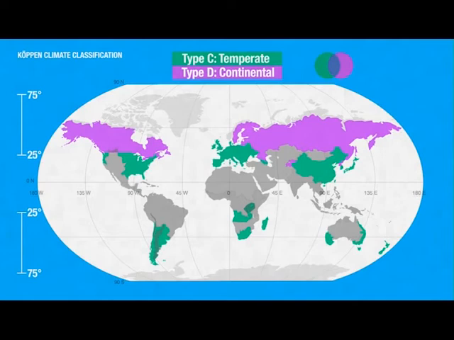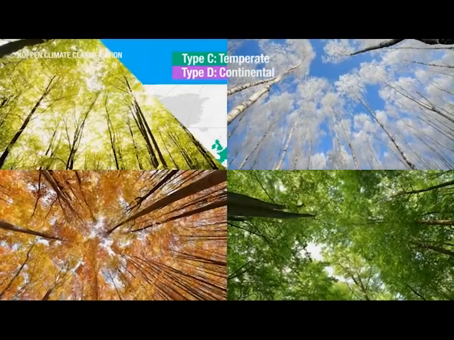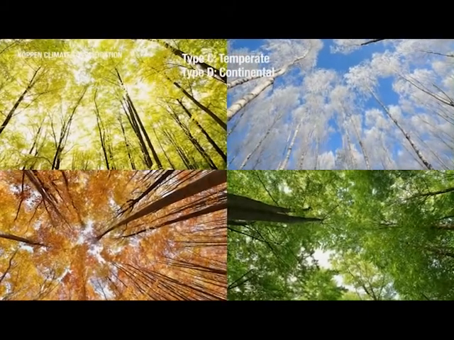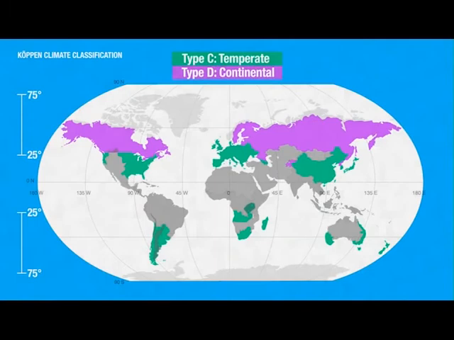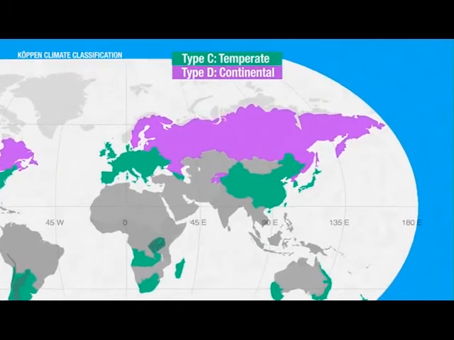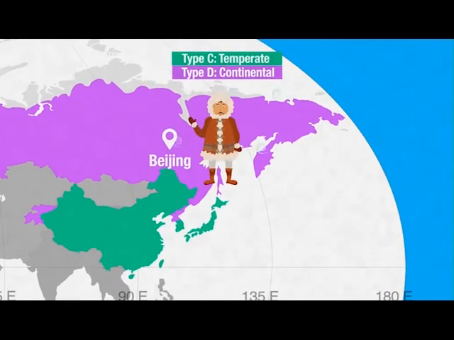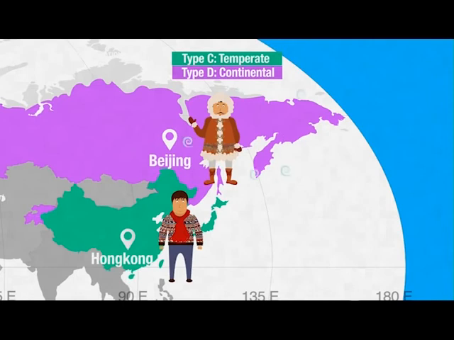Both of these climate types experience dramatic changes in temperature throughout the 4 seasons. However, the average temperatures in the coldest months in continental climate locations like Beijing are much colder than temperatures in temperate climate locations such as Hong Kong.